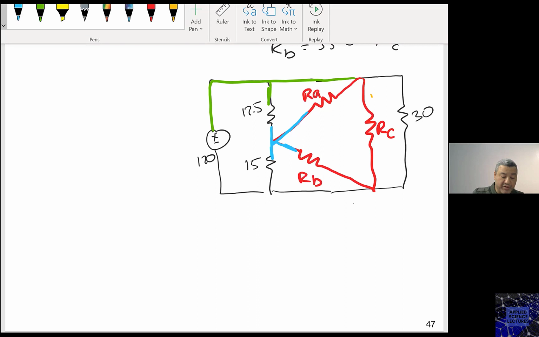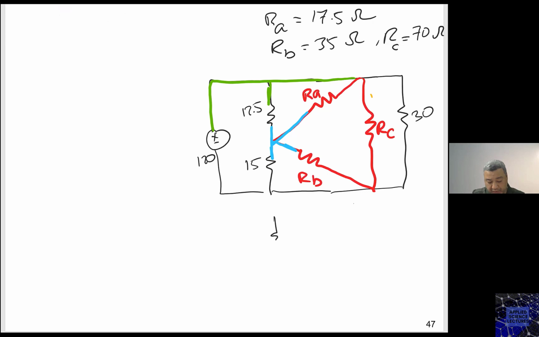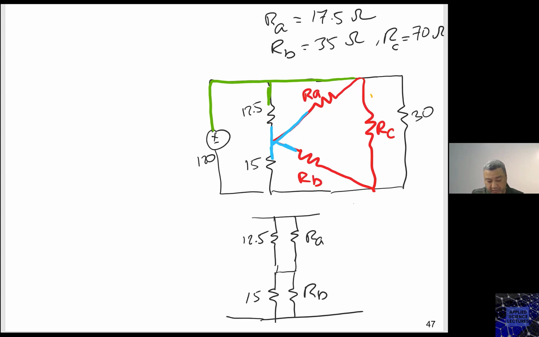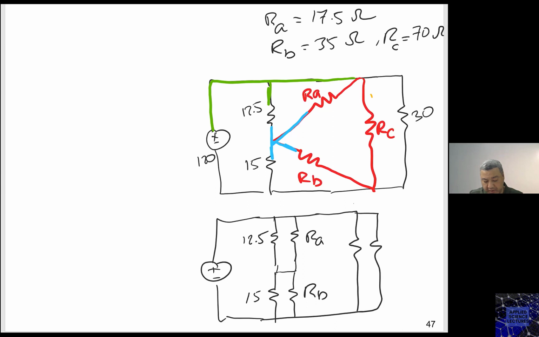So now I can redraw the circuit to look like the following. I have a 12.5 in parallel with RA, right? And we have 15 in parallel with RB. And then we have RC and 30 in parallel.